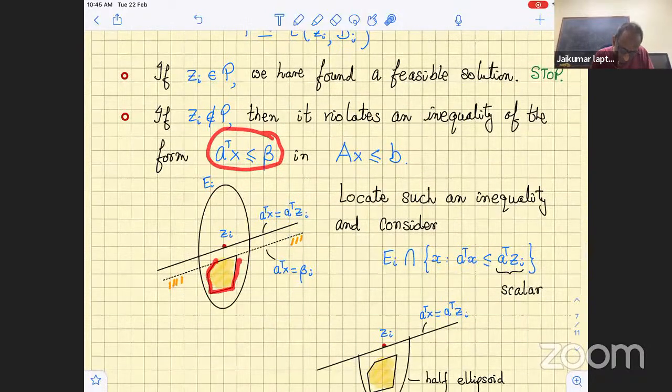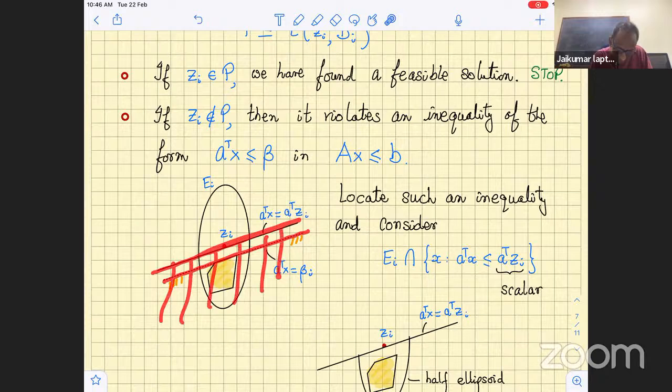Here was your bounded polytope, and there was this inequality which was defining this half space, which was defining this polytope, and somehow your point Z, the current center of your ellipsoid, is outside. So what you do is you take the same normal vector, but consider this line and consider this half space.